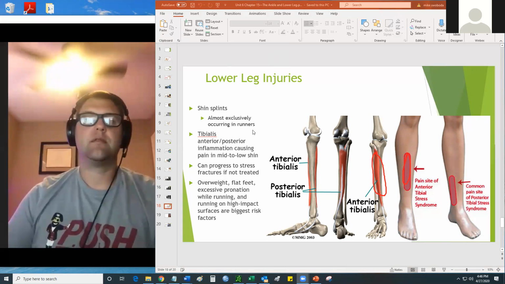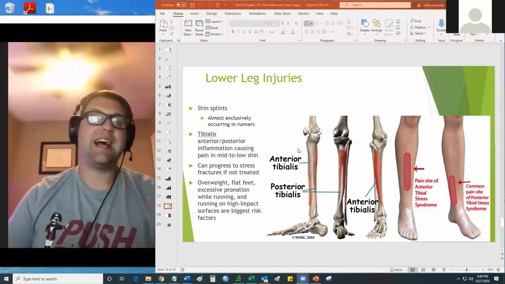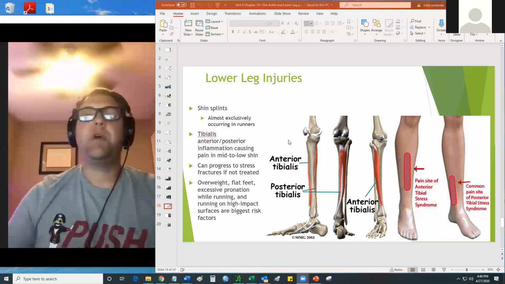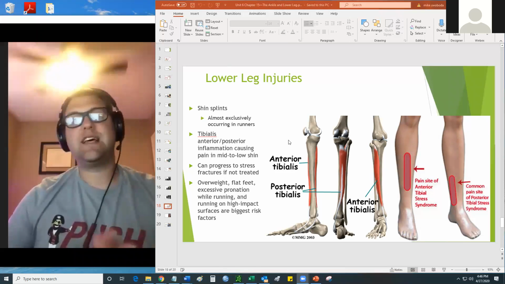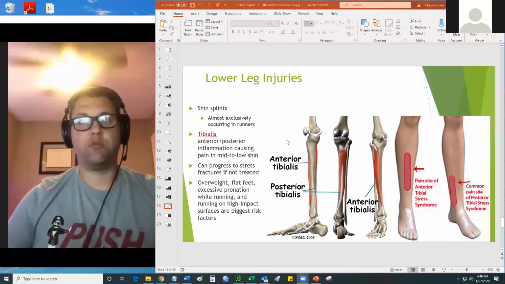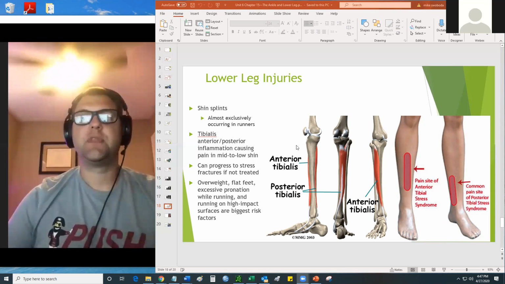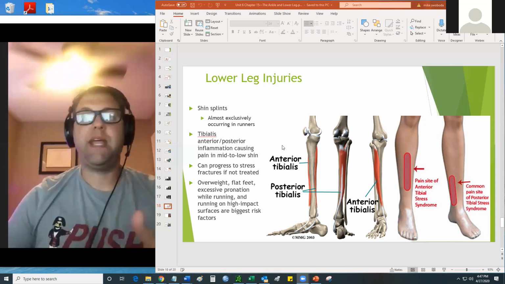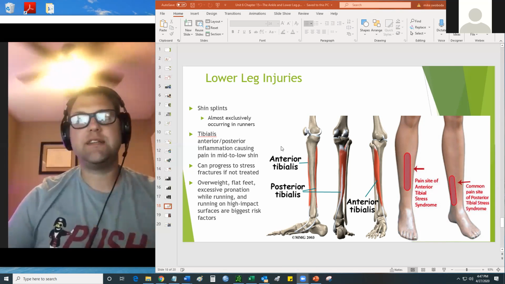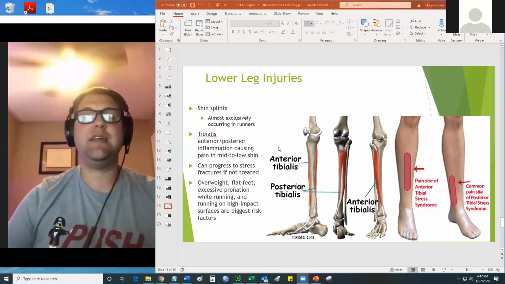It's usually something that responds best to conservative measures, like icing, stretching, resting. But then ultimately, to make sure this doesn't happen again, you want to make sure that you're changing your mechanics, your running mechanics specifically, to avoid this in the future. If you keep trying to run repeatedly while having shin splints, you can actually progress these to the point where you get stress fractures in the tibia.